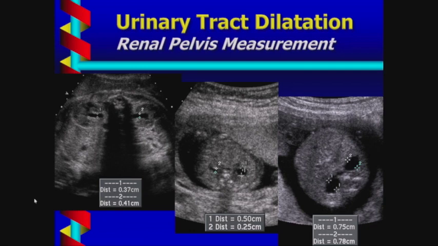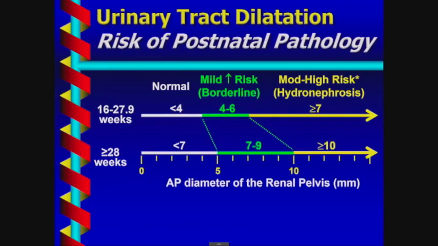Here are different measurements and different degrees of fluid or amounts of fluid. By your eyes, you'd probably say this is normal, that's normal, that's normal, this one probably isn't, and those probably aren't as well. But the specific criteria are as shown here from the consensus conference.